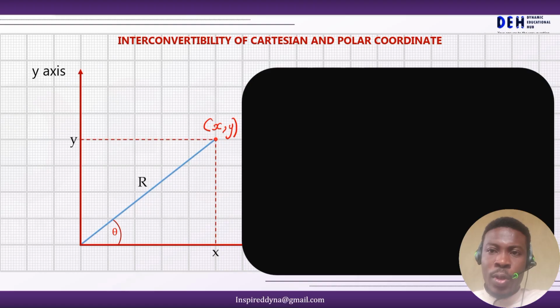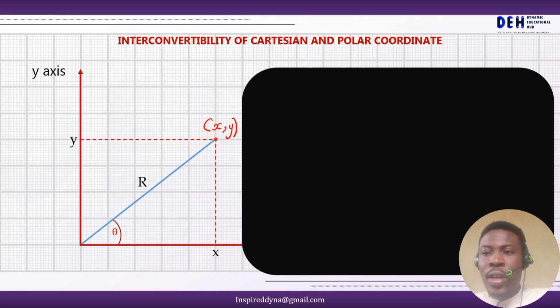If you want to convert Cartesian to polar coordinates, you want to find r with respect to x and y, and you want to find theta with respect to x and y. If you want to convert polar coordinates to Cartesian coordinates, you want to find x with respect to r and theta using this diagram.